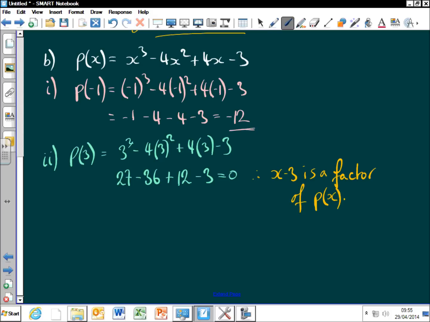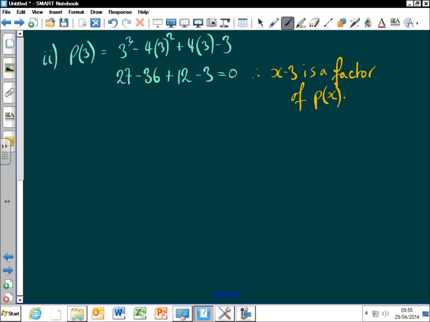Okay. And now we want to express P in the form x squared plus bx plus c, and find out the values of that. Well, this is okay because we've just shown that x minus 3 is a factor.